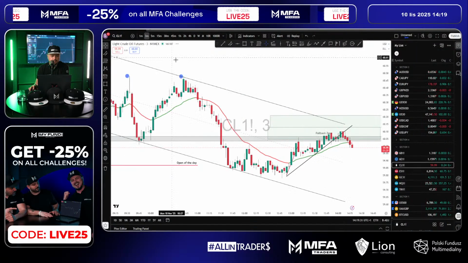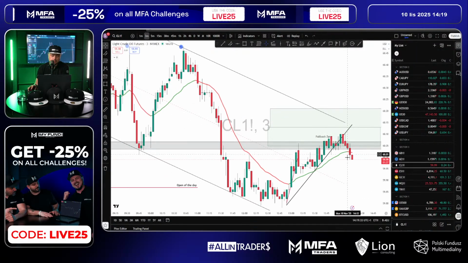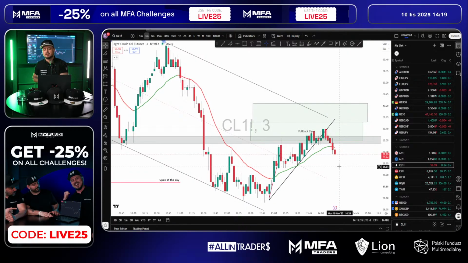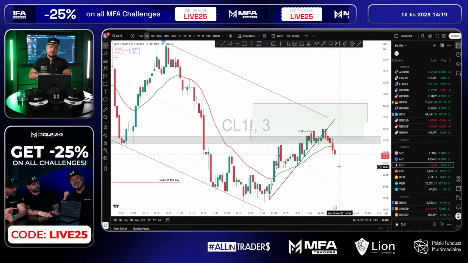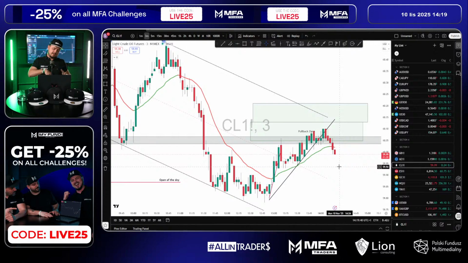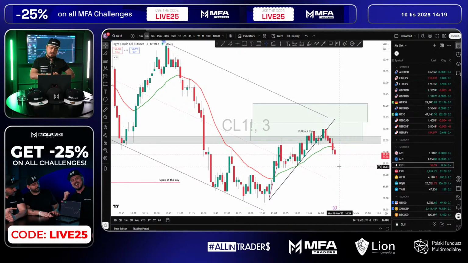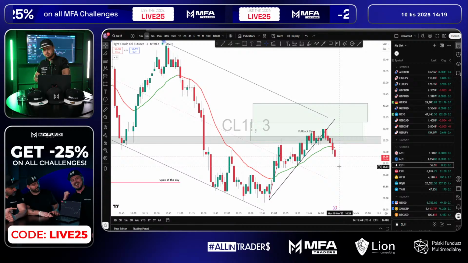Good. This is the beginning of micro rotation. So we need to wait for this rotation beginning to finish, and we're gonna wait for pullback.